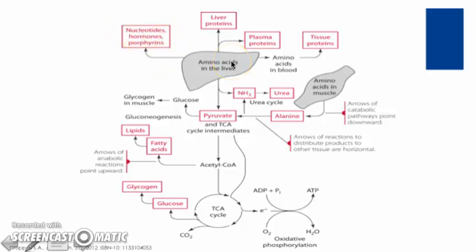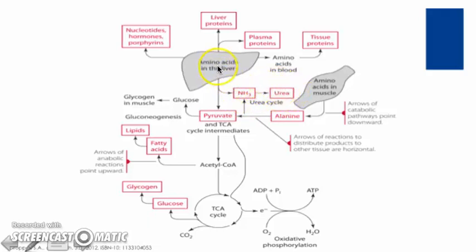In addition, the amino acids from the liver can be deaminated. We see removal of the nitrogen group in the form of ammonia, and that ammonia will then need to be converted to urea in the urea cycle.